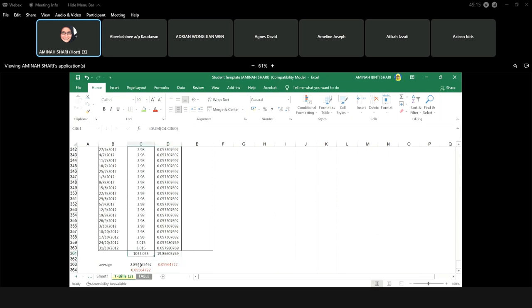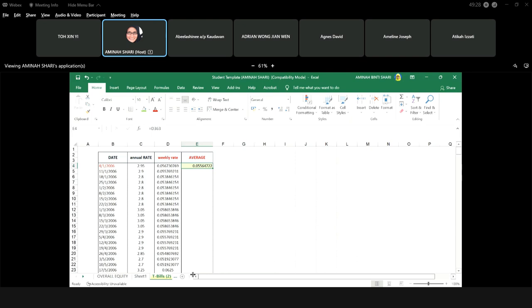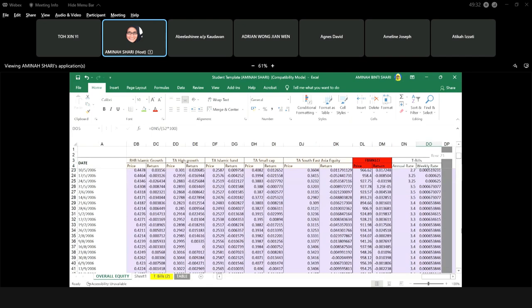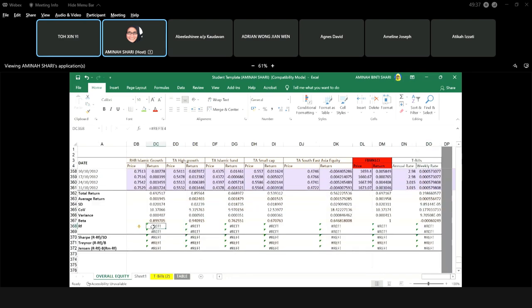Sebabnya average ni yang you akan gunakan untuk calculate dalam formula. Okay, just masukkan je nilai risk free dekat sini. Risk free equal to, pergilah dekat risk free punya sheet.